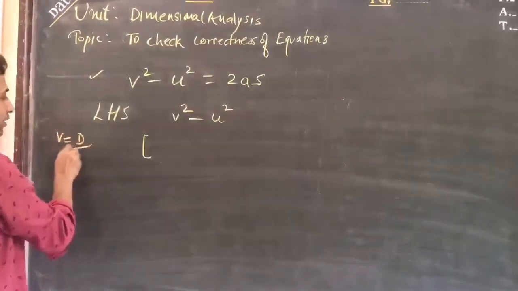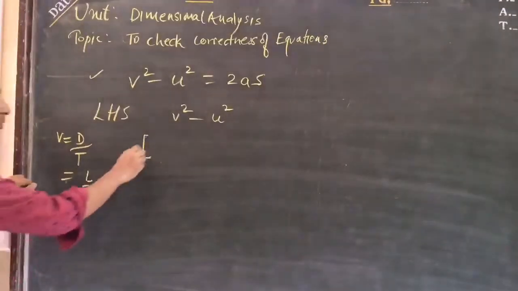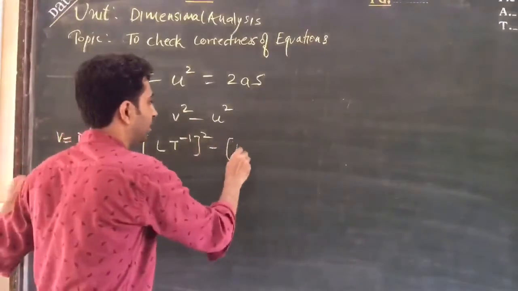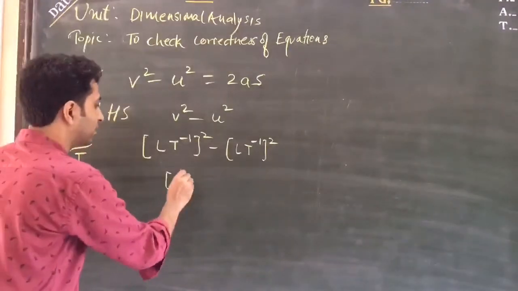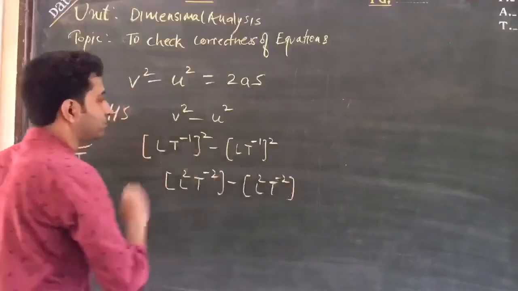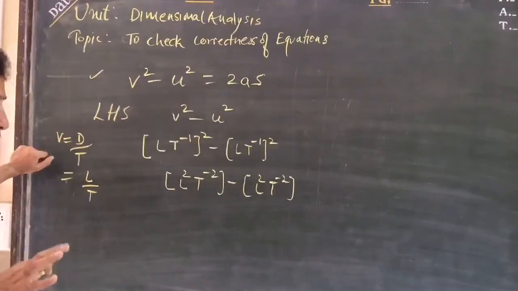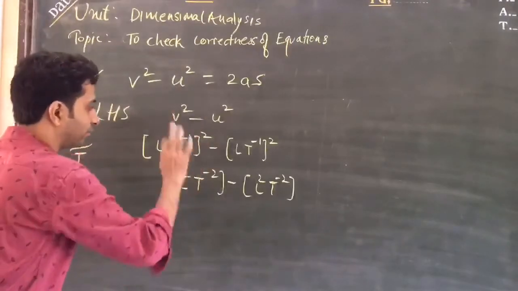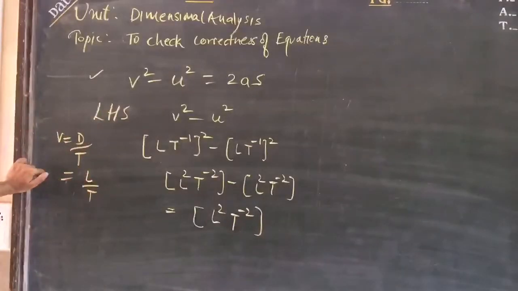Velocity is displacement per unit time, so displacement is L and time is T. So it becomes LT minus 1 whole square, minus again u, which is LT minus 1 whole square. I will write it like this: L2 T minus 2 minus L2 T minus 2. In dimensions there is no need of cancellation. We just want to represent the dimensions of the overall physical quantity. So the overall left side represents a dimensional formula of L2 T minus 2.